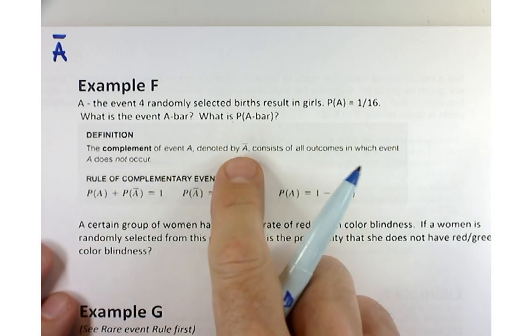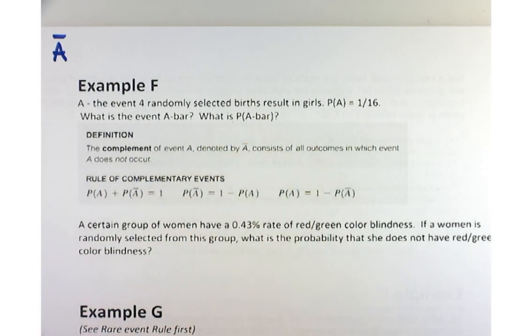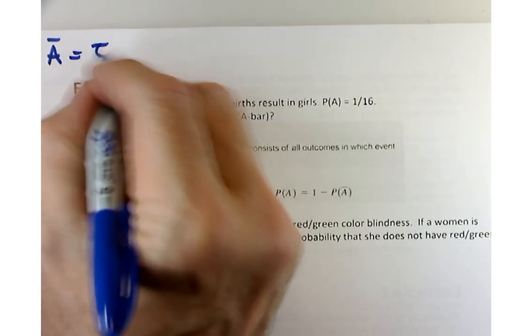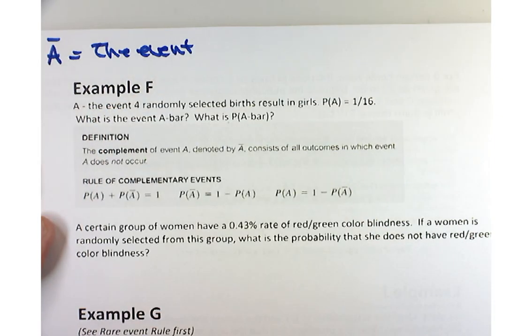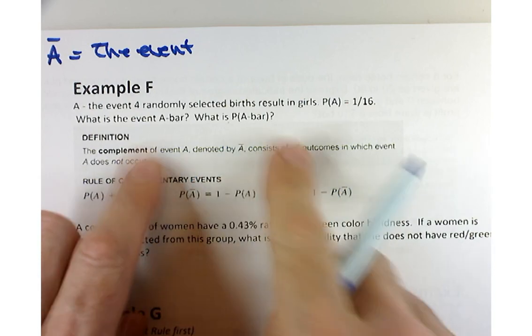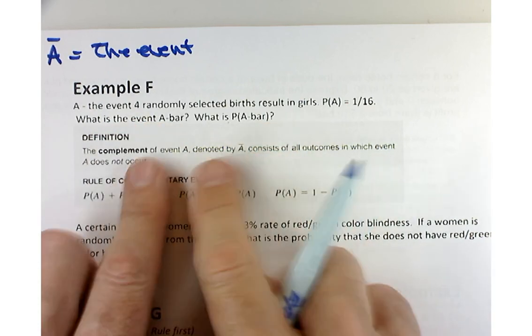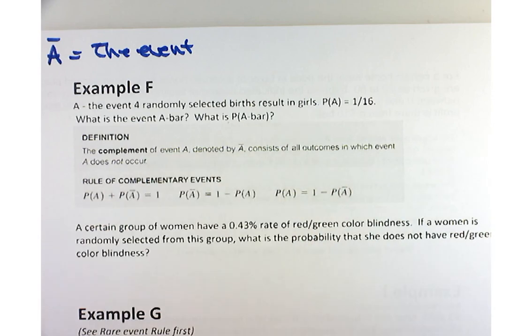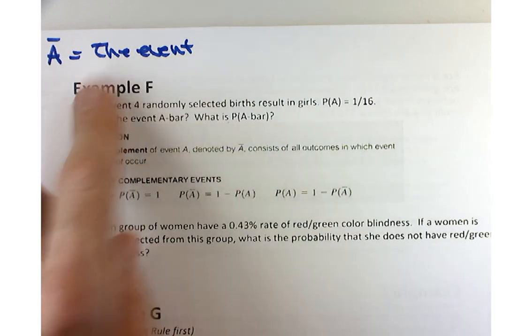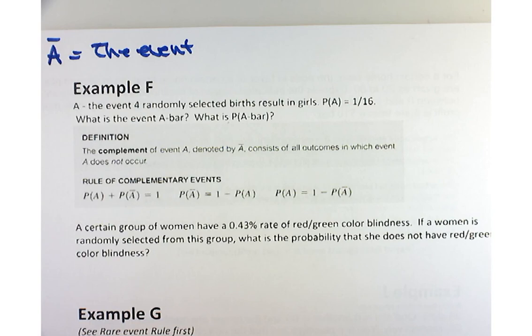So basically A bar is everything but what happens in A. Let's do this first example here. We'll talk about event A and event A bar a little bit more. I'm going to apply A bar to a particular example.